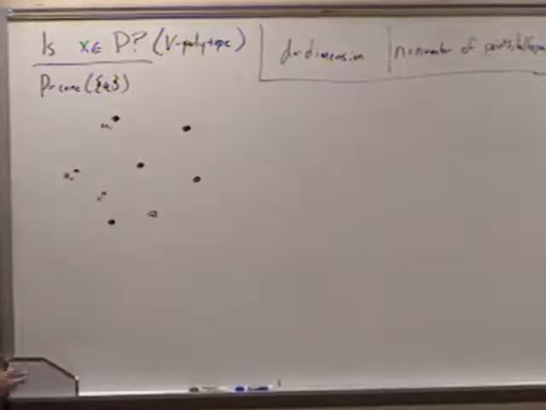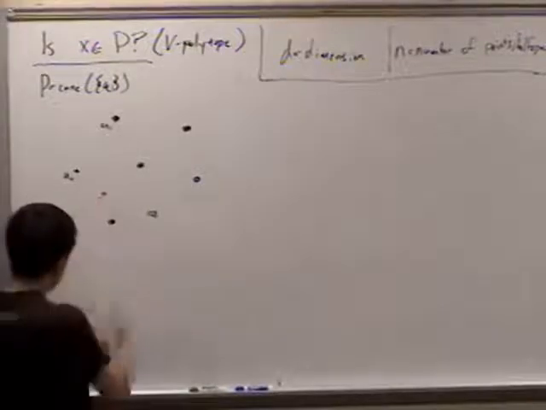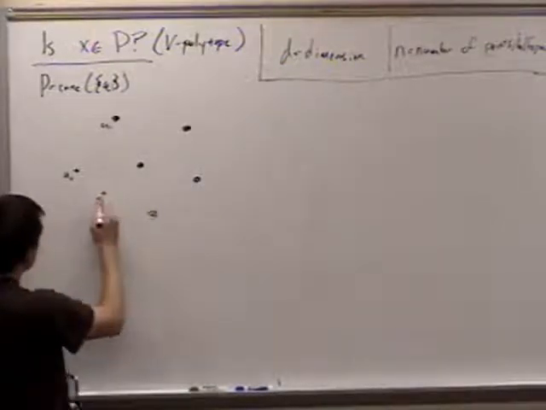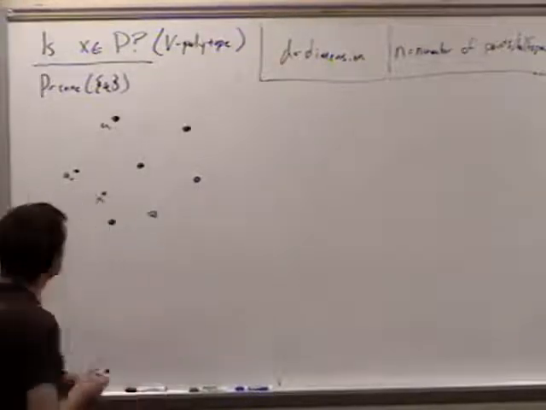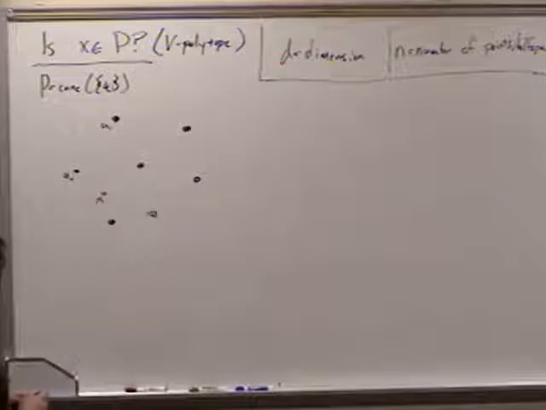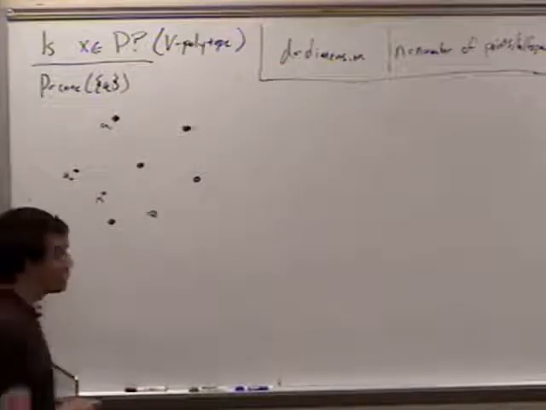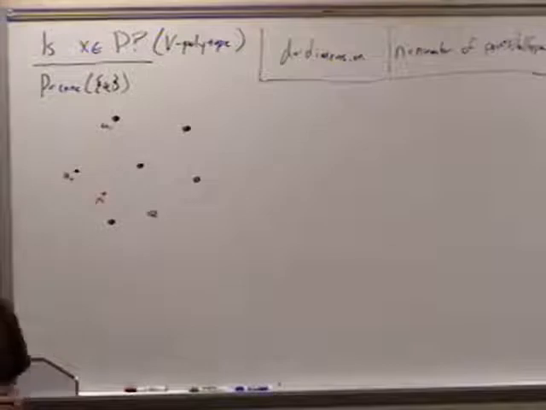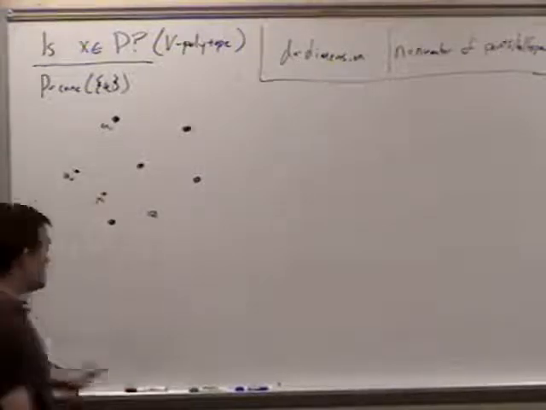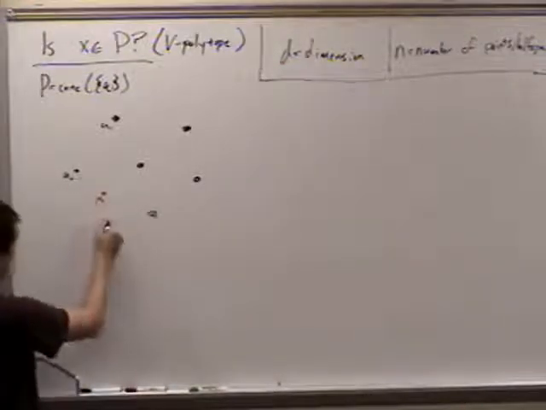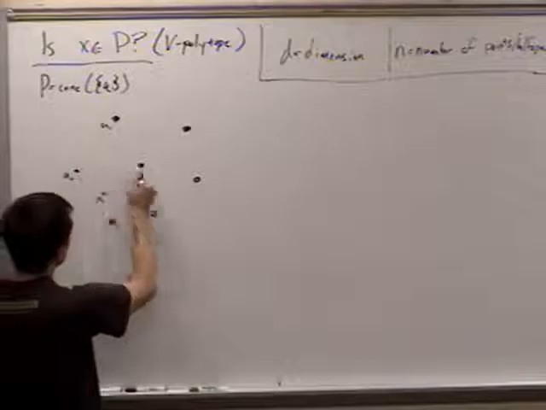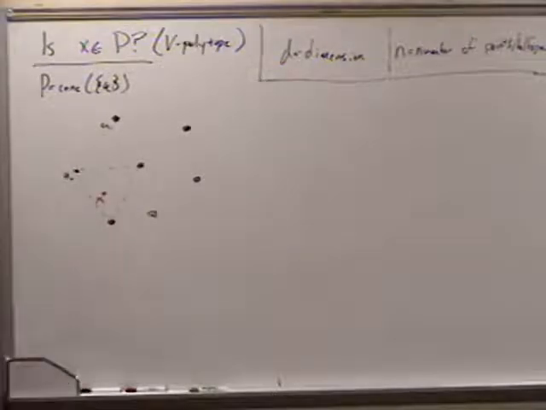We want to check if this point x happens to be contained in the convex hull of all of these other points. One simple observation is that if a point x is contained in the convex hull of these points, then there has to be some triangle or simplex within the set that contains the point. So if x was contained in there, then there is some triangle that contains x.